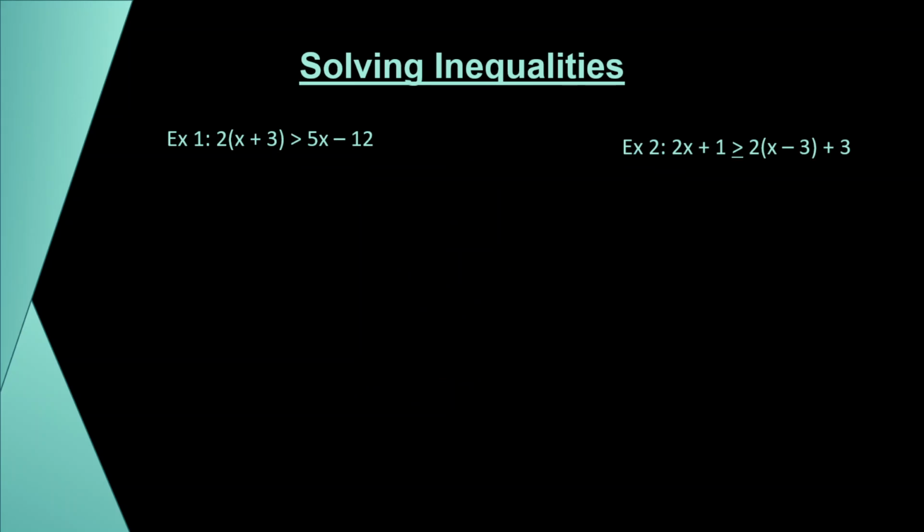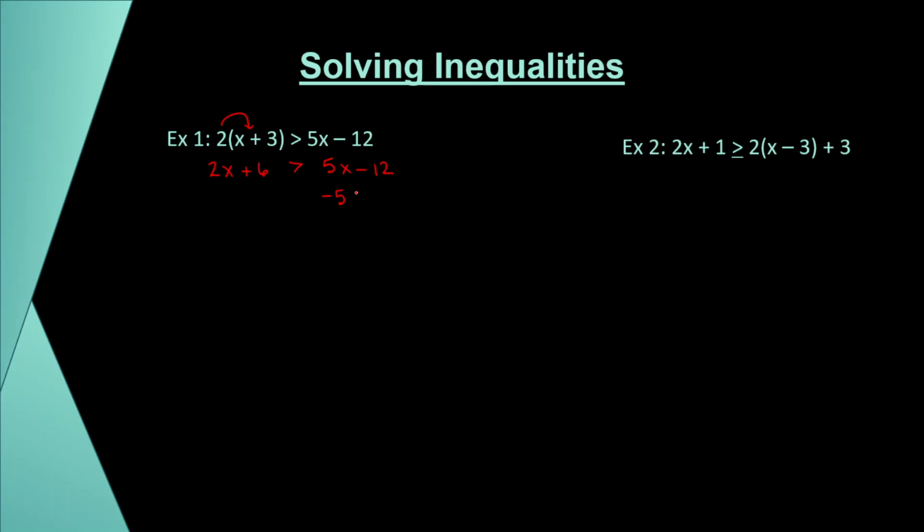Okay, now let's get to our first example. So we have an inequality with one variable, just x. So I'm going to start just like I would with an equation, and I'm going to distribute the 2. So I get 2x plus 6 is greater than 5x minus 12. Okay, now the objective is to get the x by itself. So I'm going to combine the x's.